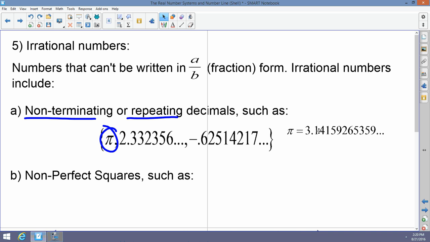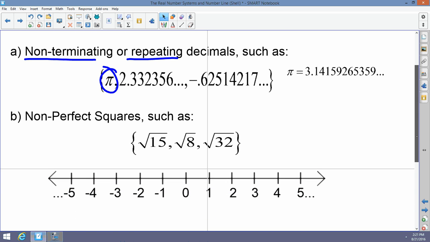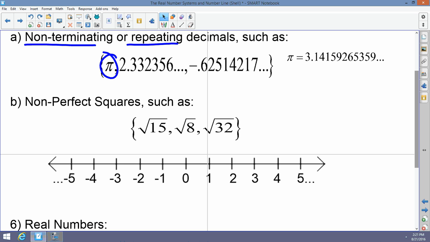They also include non-perfect squares, such as square root of 15, square root of 8, square root of 32. So all of these are irrational numbers.